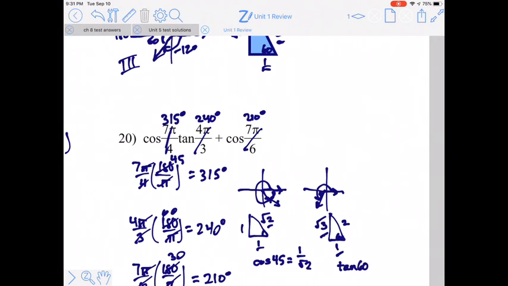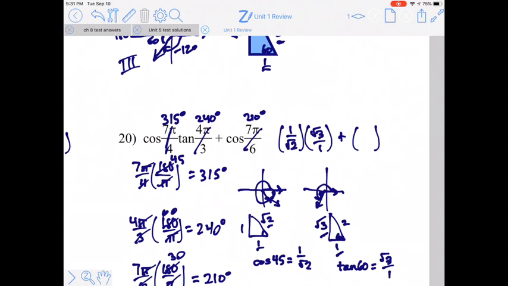So tangent of 60 is square root of 3 over 1. And since we're in quadrant 3 for that particular angle and tangent is positive in quadrant 3, this one's also going to stay positive. So far our computation is, for the first expression, 1 over square root of 2 multiplied by square root of 3 over 1. I just got to figure out what that last one is.